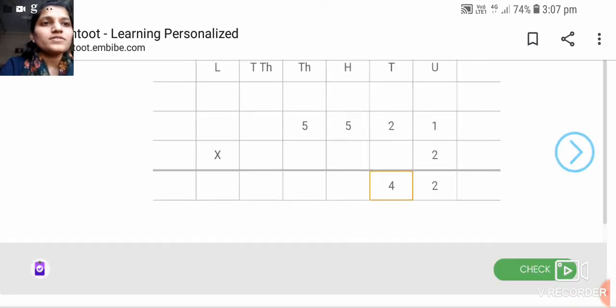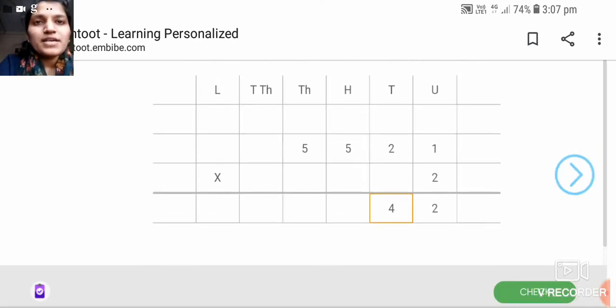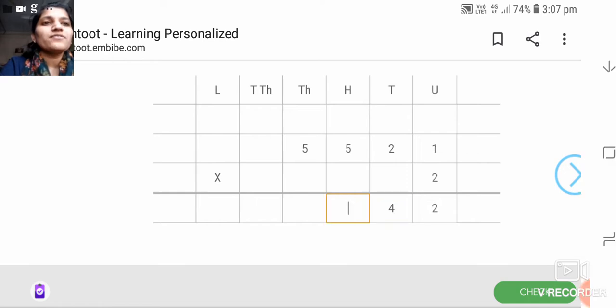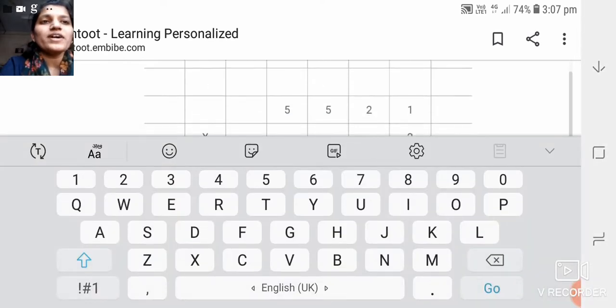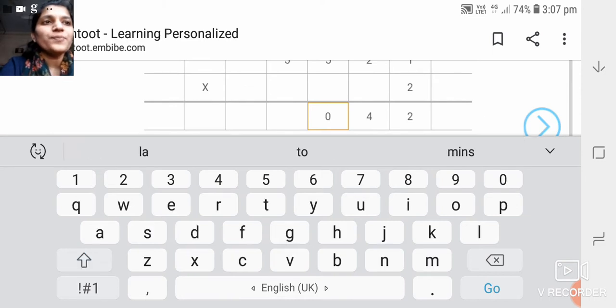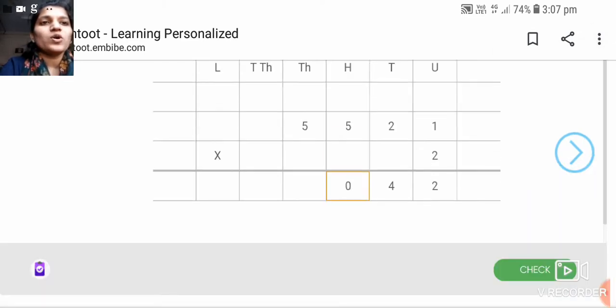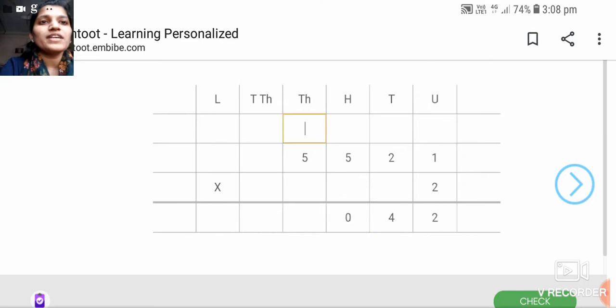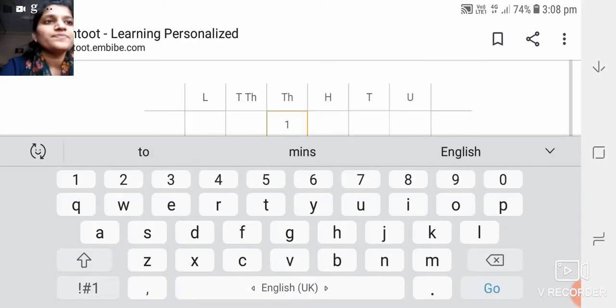Then in the hundreds place there is 5, so 2 into 5. We know that 2 5s are 10, so we write 0 here, and 1 carryover.